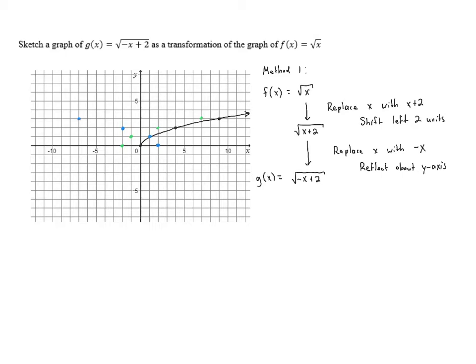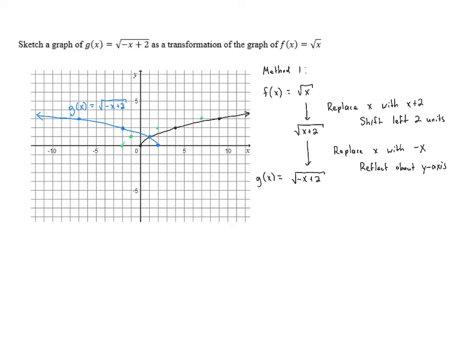And then if we connect these points with a nice graph, we end up with the graph of g of x equals the square root of the opposite of x, plus 2. I'm going to quickly sketch in this intermediate graph just so you can see it.